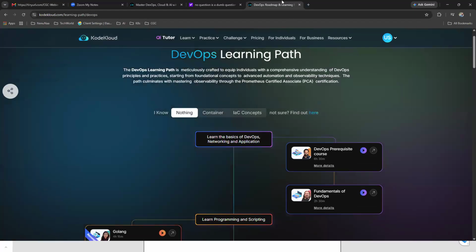Unlike other edtech platforms like Udemy, which have all the courses available and you have to select which one to learn, they don't have a path defined for any role. But this platform gives you a linear, structured way of learning based on whatever you want to achieve.